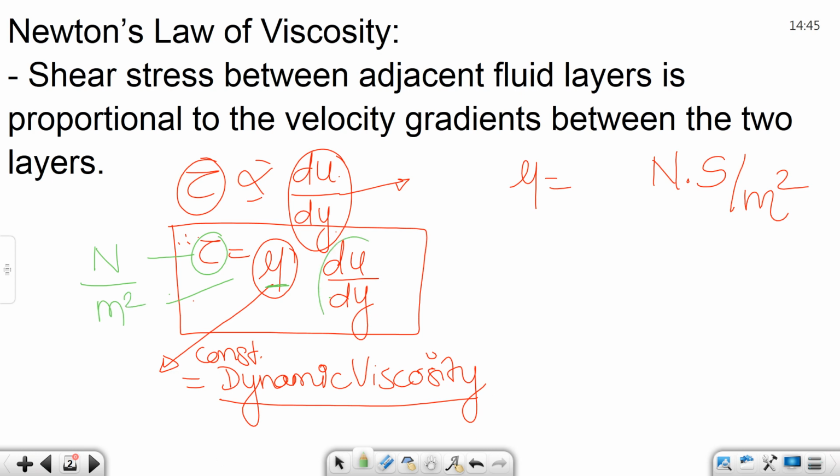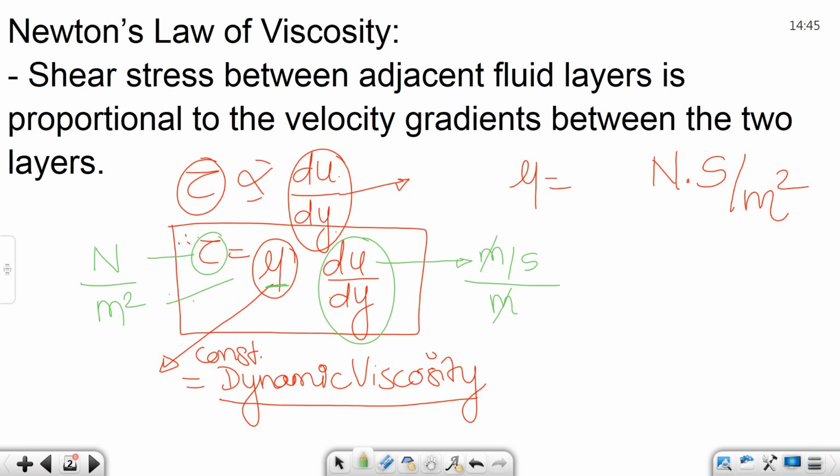Whereas what is the unit for this term? U is a velocity, so the unit will be meter per second, divided by its parameter, meaning across the height of the film, that is meter. So this meter gets cancelled out, and what remains is per second.